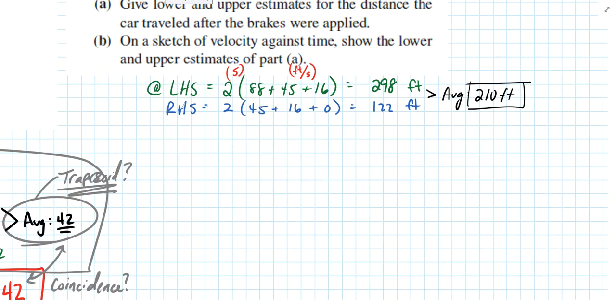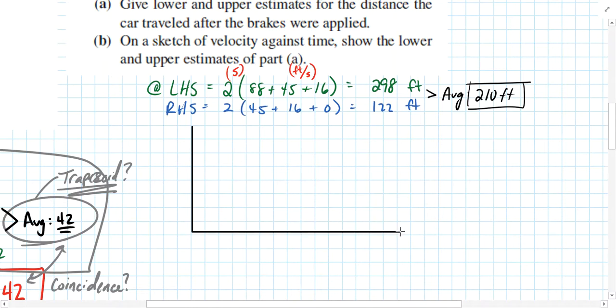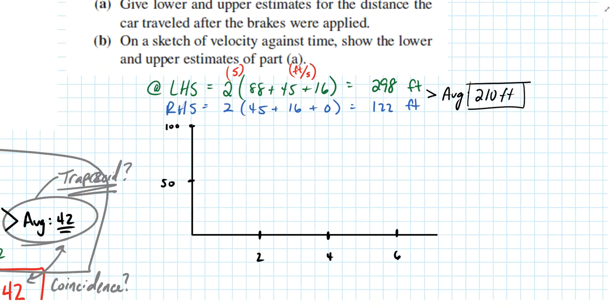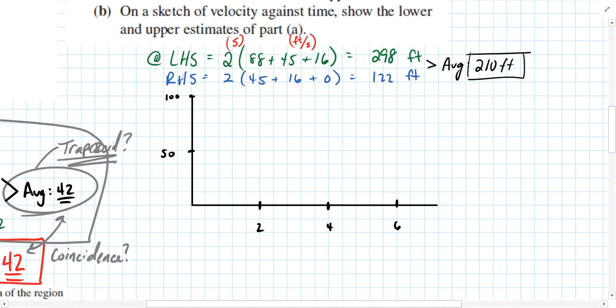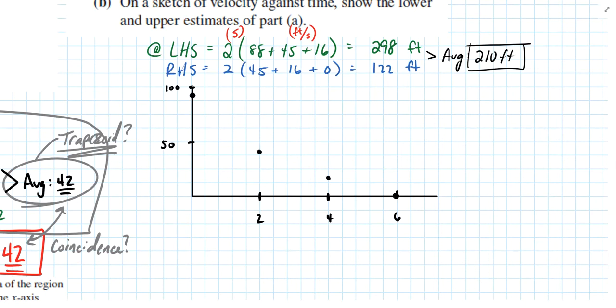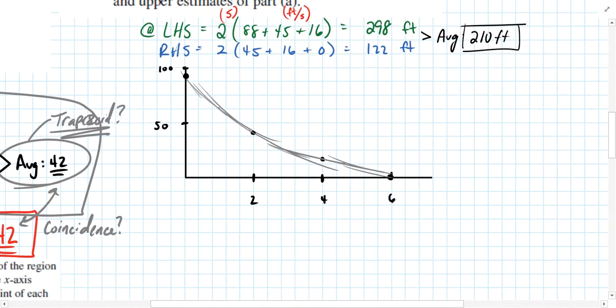And as far as a sketch goes, if we had an x and a y axis, the labels might go like this, and we can plot our data points, 88, 45, 16, and 0. And if we were to connect these data points with a smooth curve, which would essentially mimic the behavior of that car as it's coming to a stop, we would then recognize that our left-hand sums were overestimates in this case.